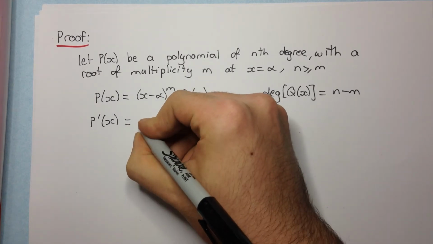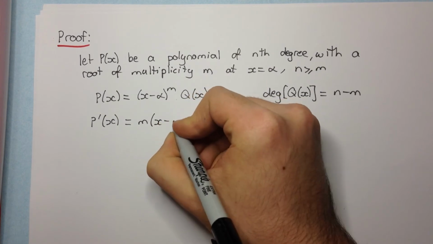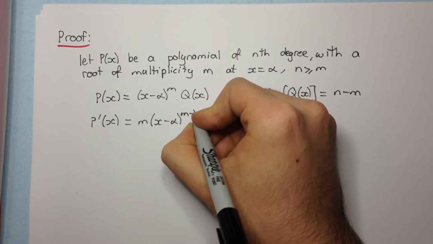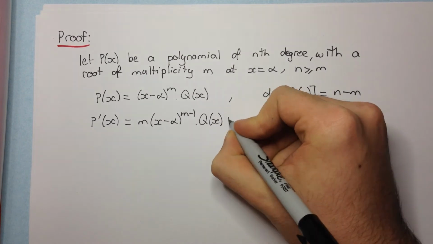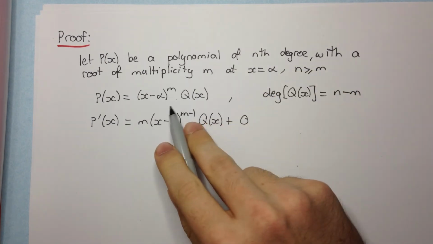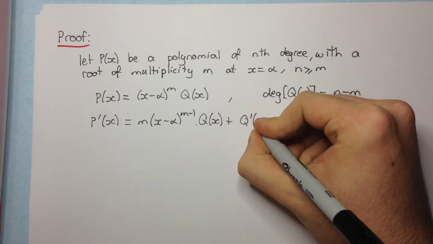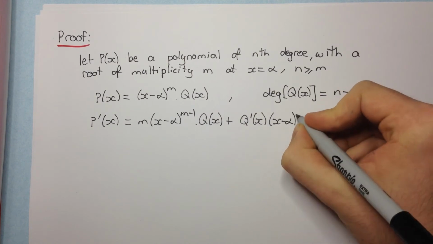So here, the derivative of the first is bring down the power m into x minus alpha to the m minus 1 times q of x, plus, now we differentiate the second part, q dash x, and we leave the first part, x minus alpha to the m.